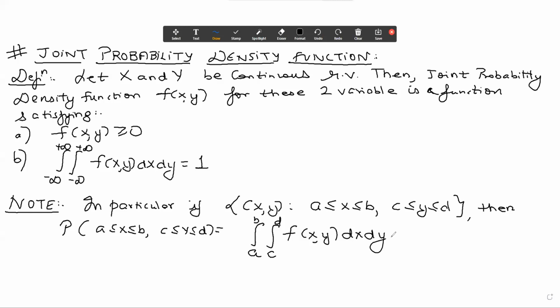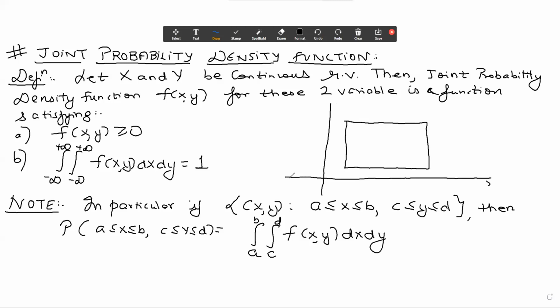So the definition I had given, in that we were going from minus infinity to plus infinity, was a general definition. But specifically, suppose I define a rectangle. Suppose this is my graph, x-axis, y-axis. Suppose my x goes from a to b, and suppose my y goes from c to d. And this is my rectangle.